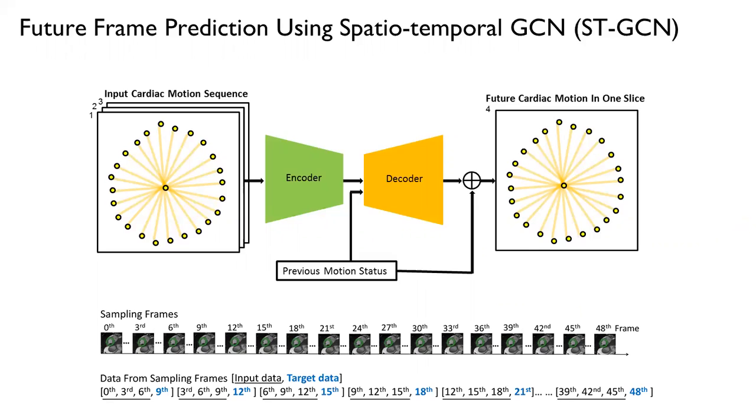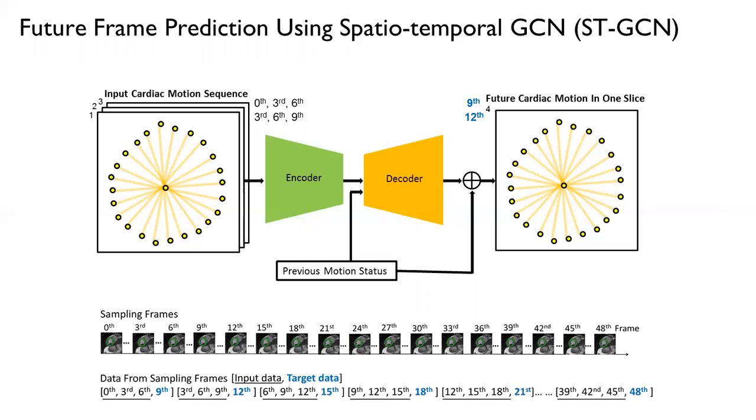The sampling rate is 3. If we use frames 0, 3, 6, the model will predict cardiac motion in frame 9. Also, frames 3, 6, 9 will be used to predict cardiac motion in frame 12.